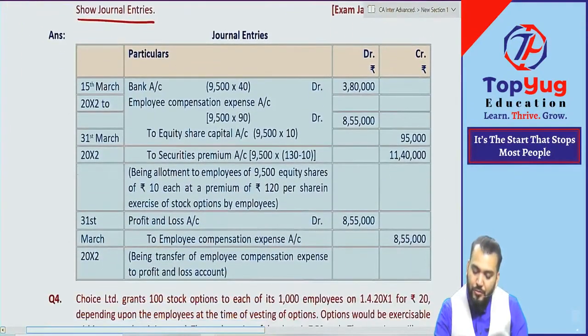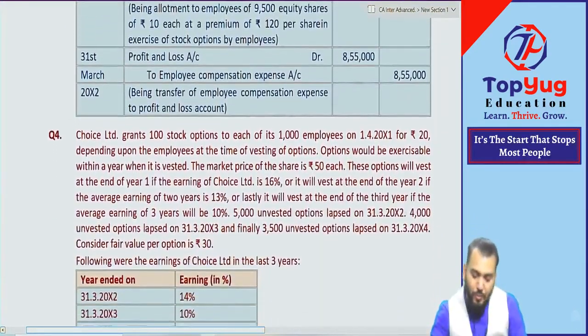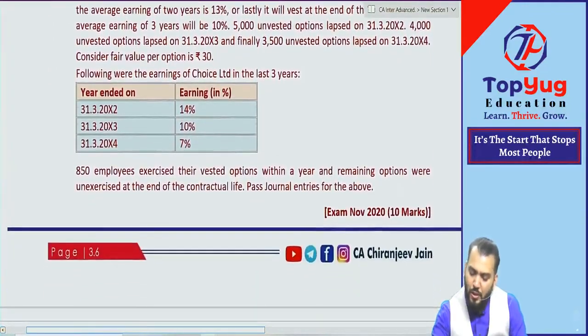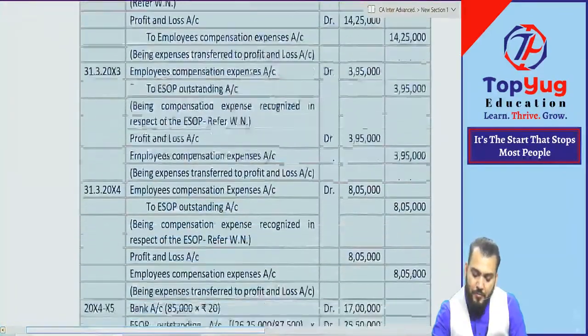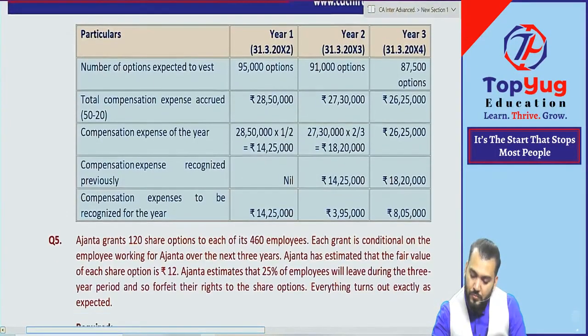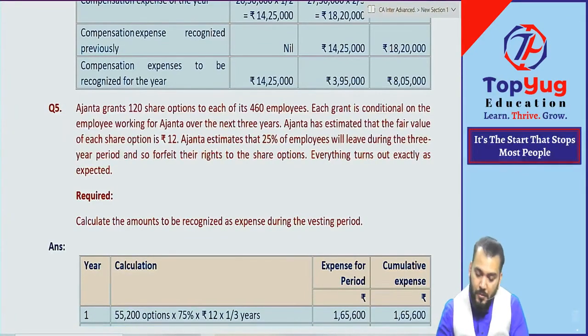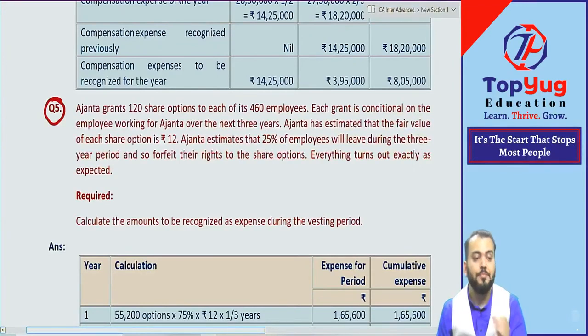I hope you have understood this question. Chalo. This also you have understood. Question number 4 we will do not now. Question number 5.